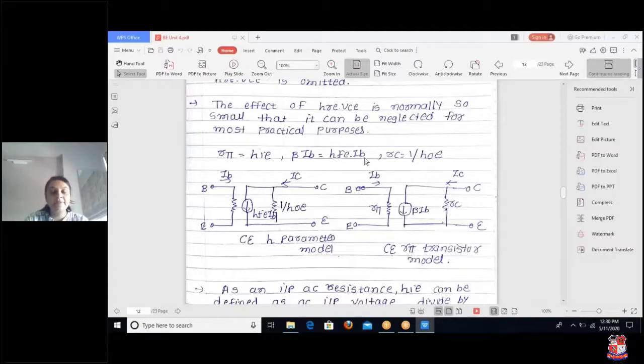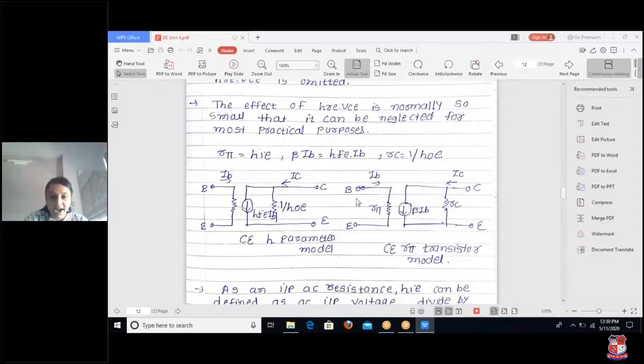The other parameters can be replaced by the R pi equivalent model parameters. Here R pi equals HIE, replaced with the input impedance. Beta IB is the forward ratio, which is HFE into IB, replaced with the current source, and the conductance 1 upon HOE is replaced with the RC.